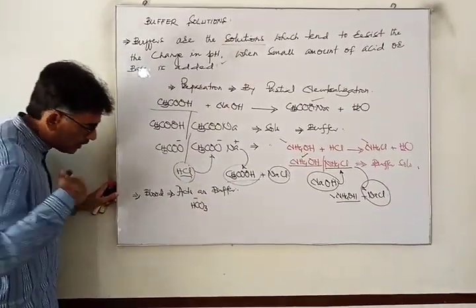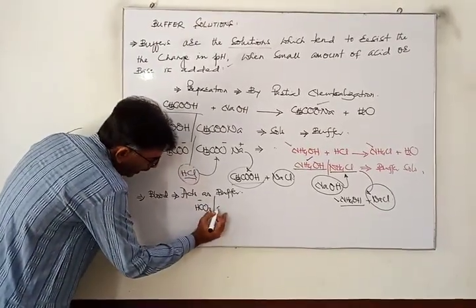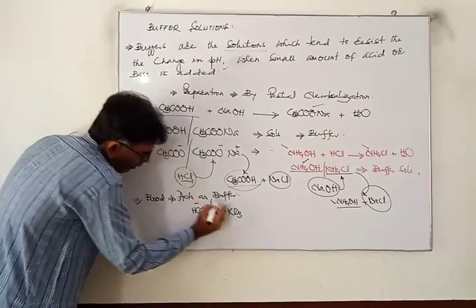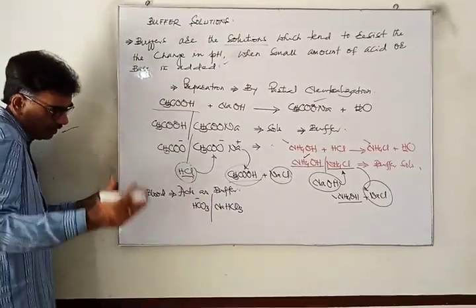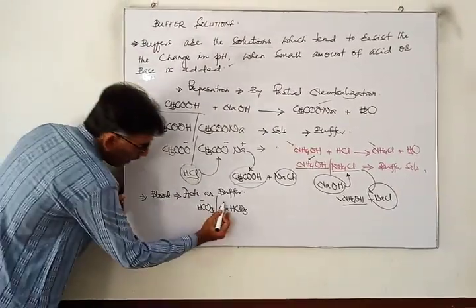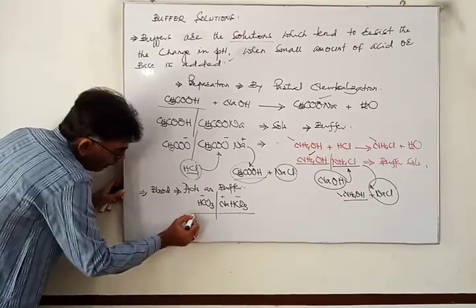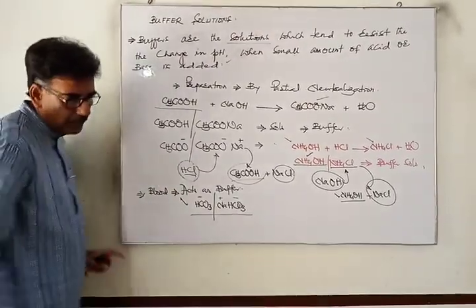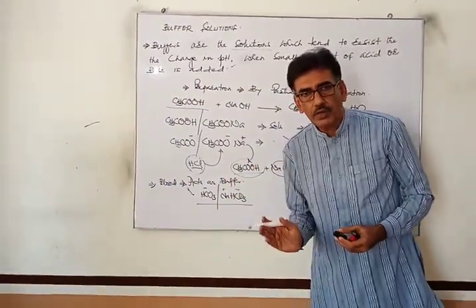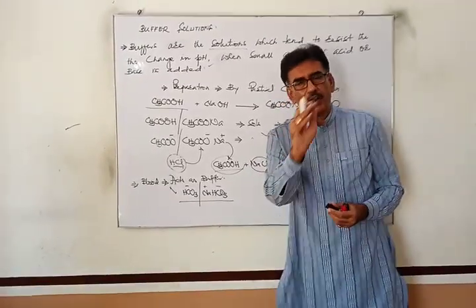Definitely carbon dioxide with water can make them, and bicarbonate ion with some sodium ions, that's the mineral part contained by the water in the blood. So they have such a composition present within the blood, and that can help when we are using our foodstuff which contains acidic or basic materials.